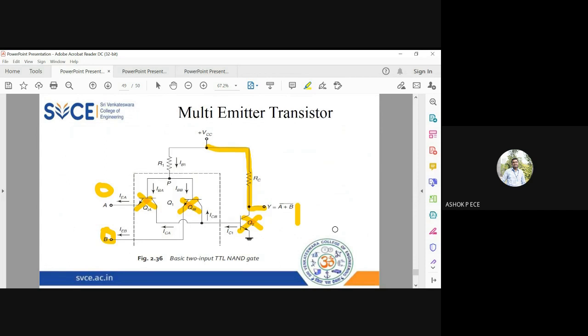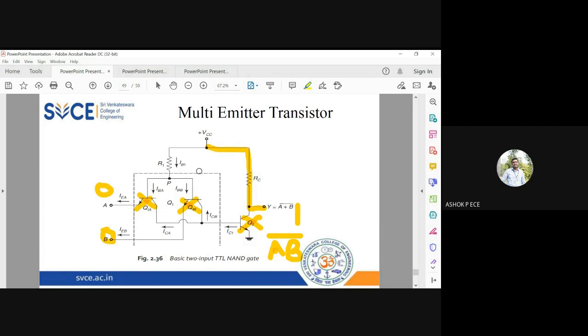When you perform NAND, first perform AND: 0 into 0 is 0, and the complement of 0 is 1, so you are getting the answer correctly. It is given as A plus B the whole bar, but that is wrong. It is AB the whole bar. It is a typographical mistake in the textbook. For NAND, I do the AND operation first, and then take the complement.